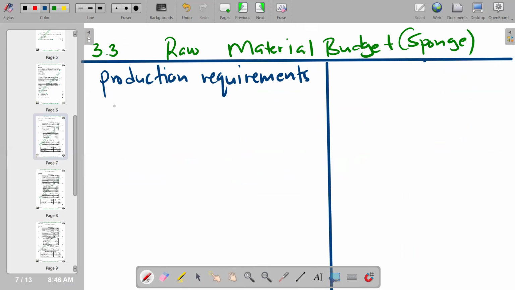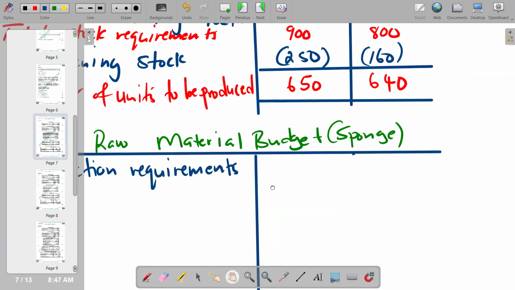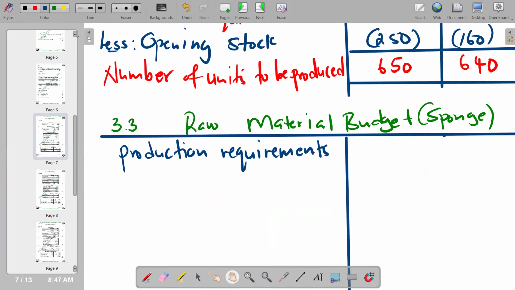We are now saying the figures that we got for production requirements: 650 for 3-seater, 640 for 5-seater. So add the two, 650 plus 640. If we add the two, your answer is 1,290.